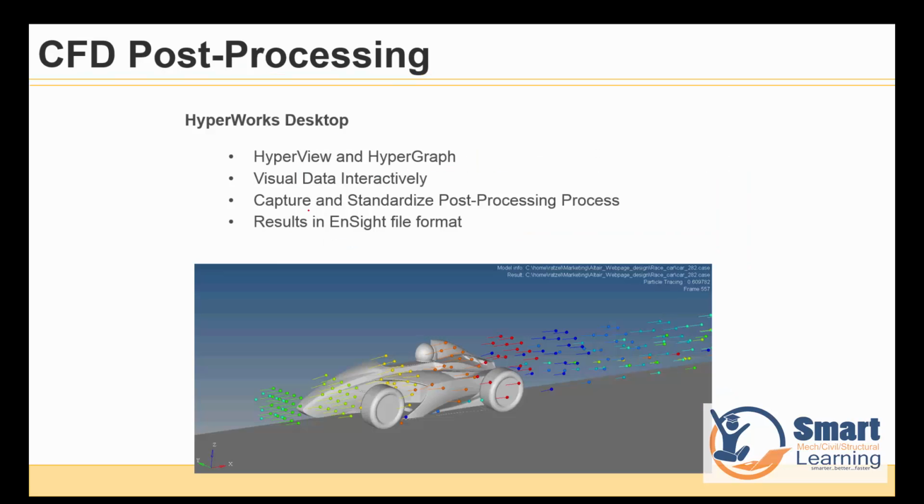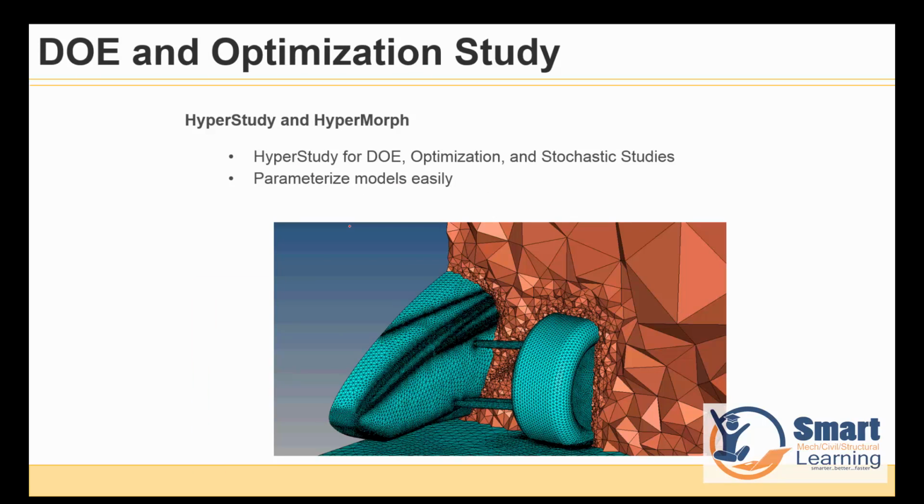In HyperWorks, HyperView and HyperGraph are used for presentation and graphical views, where you can see visual data interactively, and you can capture and standardize the post-processing process as well. If you have a process with steps 1, 2, 3, 4, you can standardize that, get your result, and visualize it. With HyperStudy and HyperMorph, you typically do the optimization.